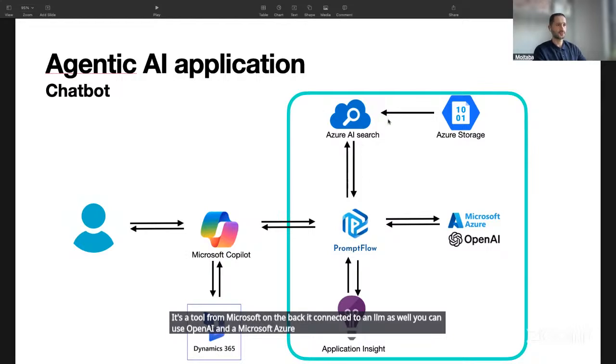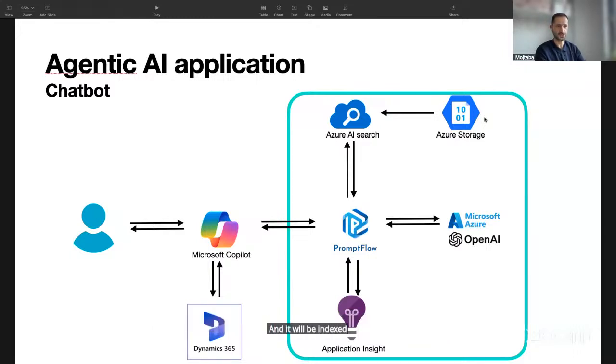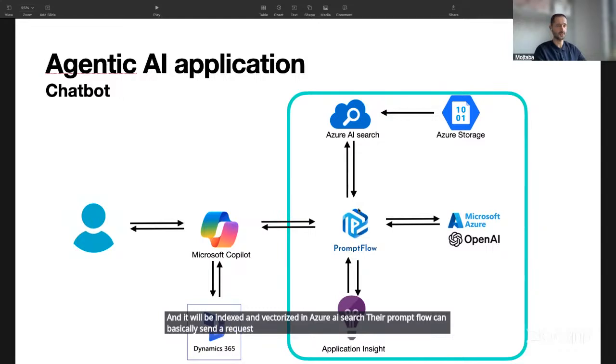Then you need an Azure AI Search and Azure storage. In the storage, you can upload your documents, and they will be indexed and vectorized in Azure AI Search, where prompt flow can send a request and retrieve documents.